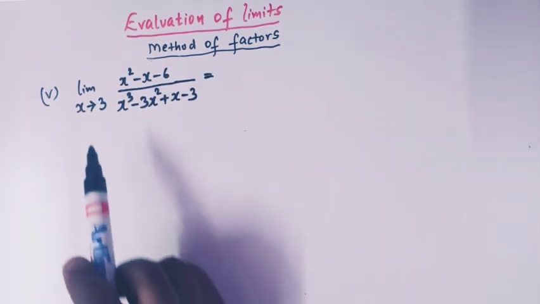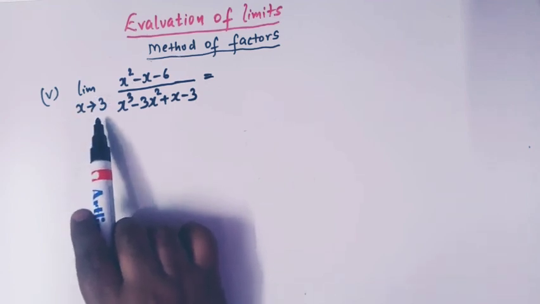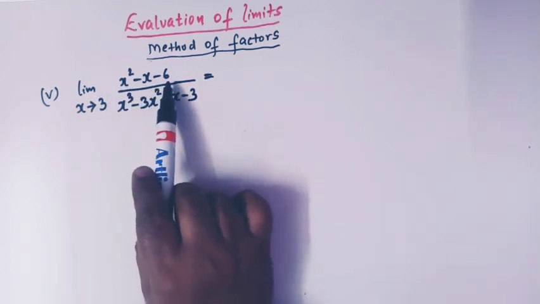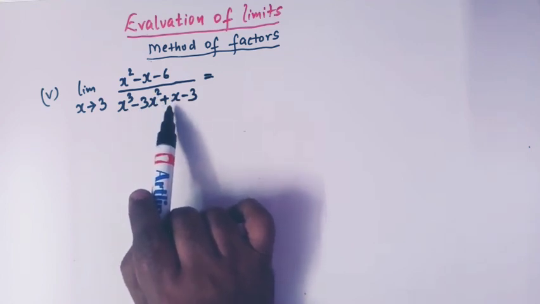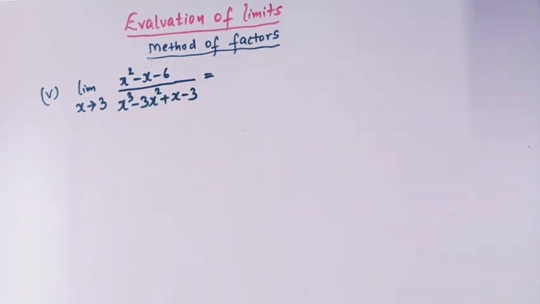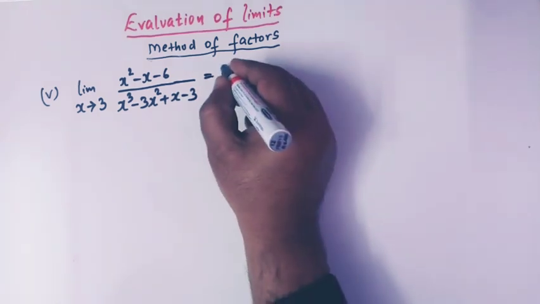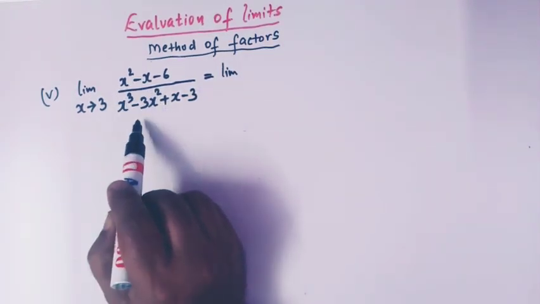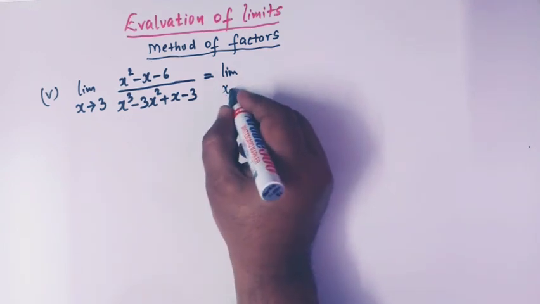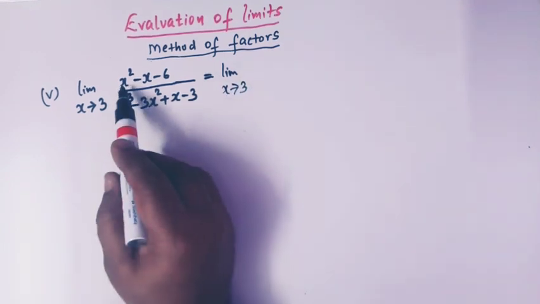So here we have to evaluate limit x tends to 3 of (x square minus x minus 6) divided by (x cube minus 3x square plus x minus 3). So here we can factorize the numerator and denominator. So this is limit x tends to 3.